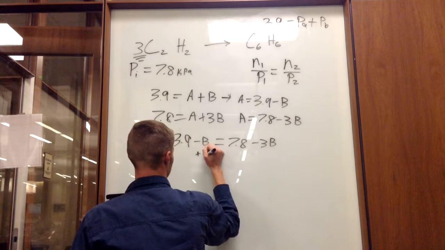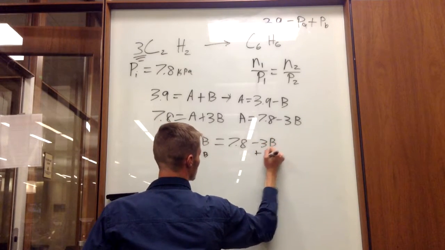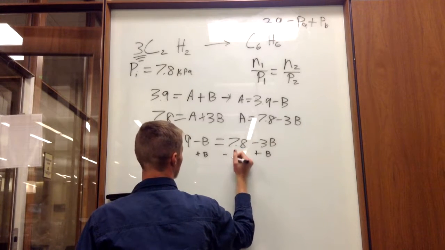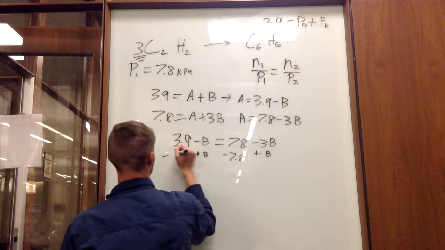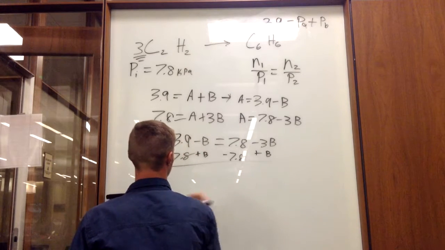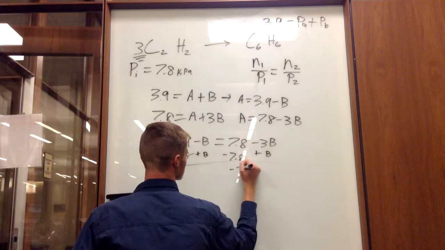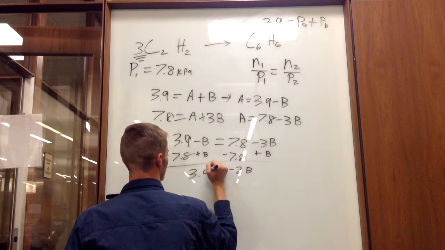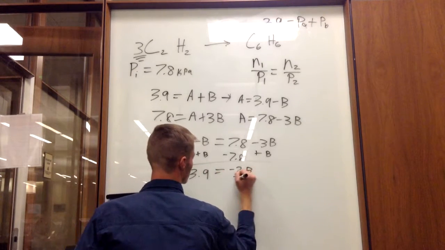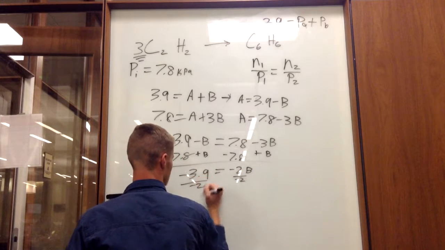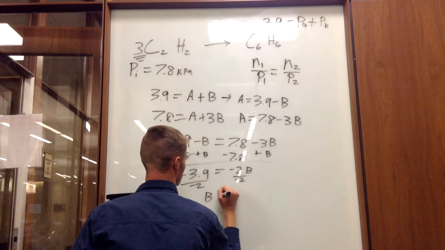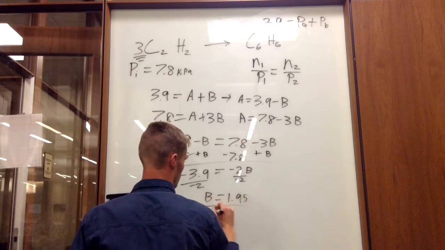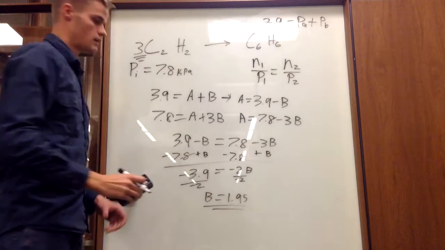So if we add 3B here, and subtract 3.9 here, and subtract 3.9 here, that gives us a new equation of 2B is equal to 3.9. Divided by 2, B is equal to 1.95.